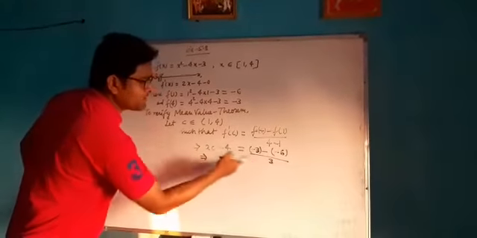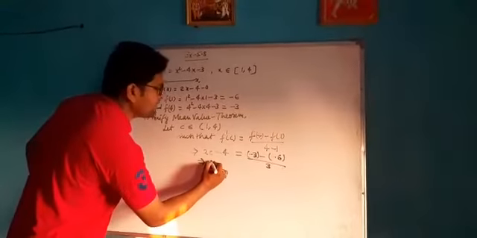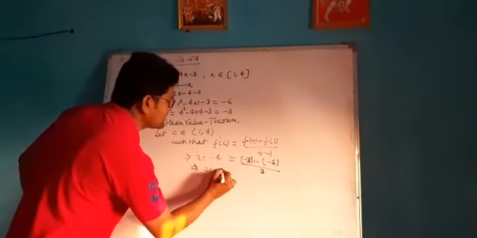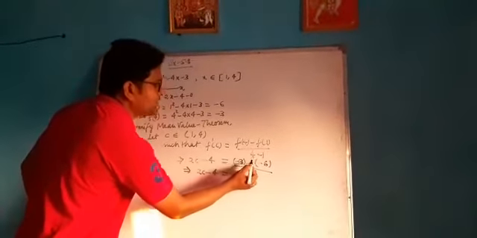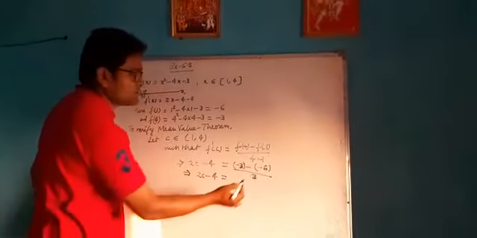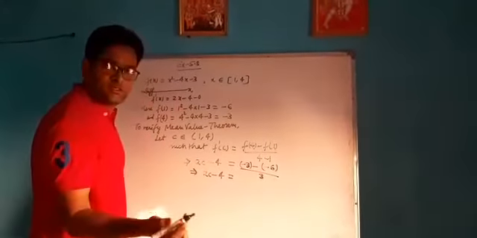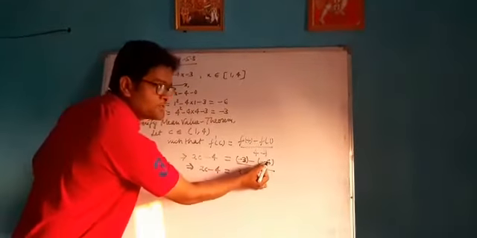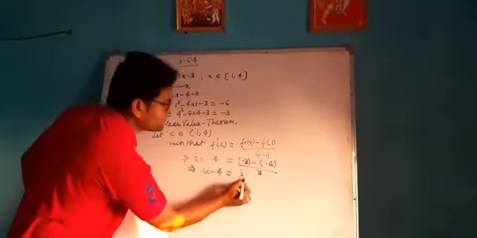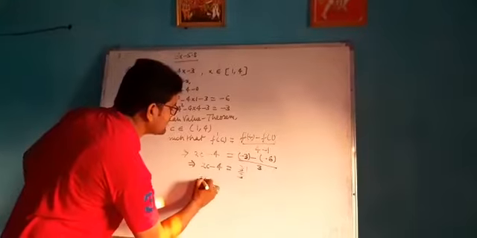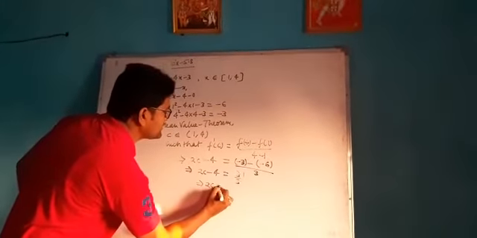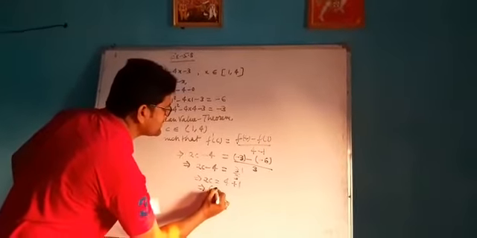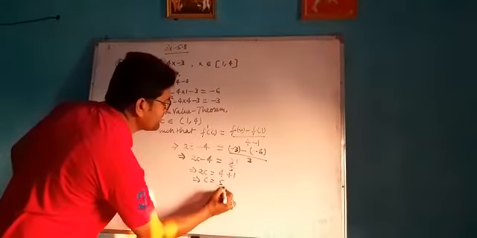Now minus minus is plus 6, so 6 minus 3 is 3, and 3 gets cancelled. So 2c is equal to 4 plus 1, and c is equal to 5 by 2.